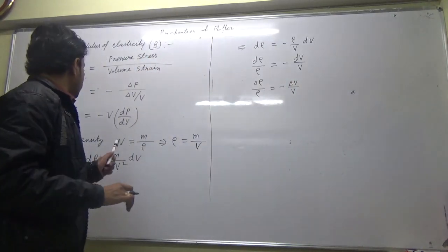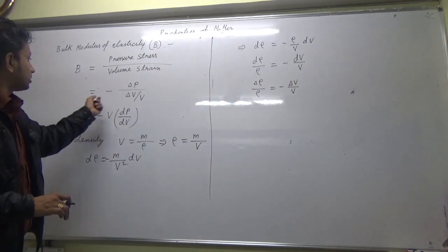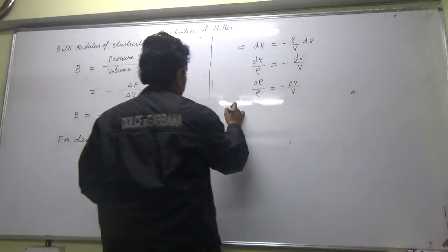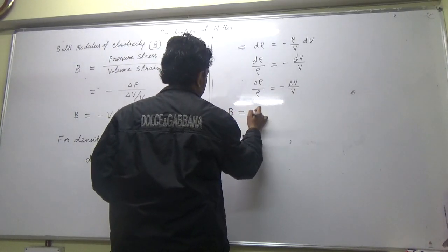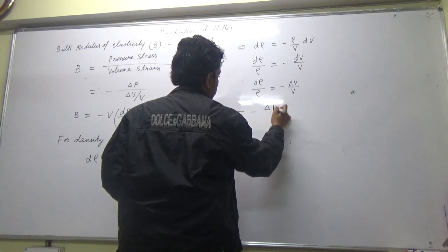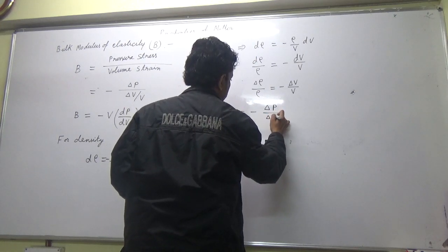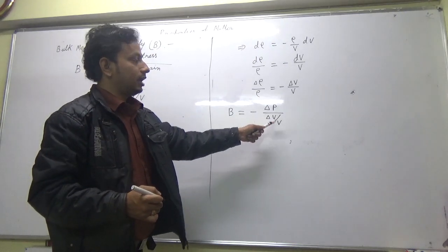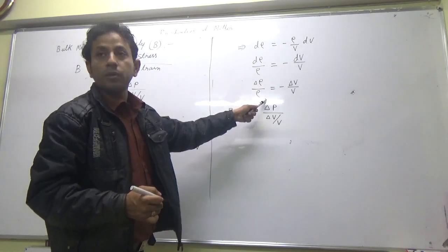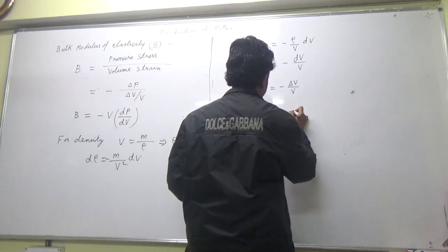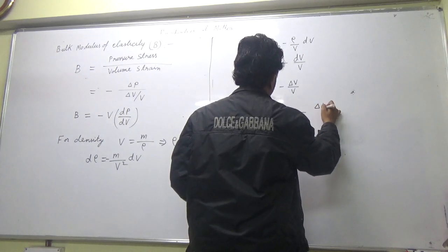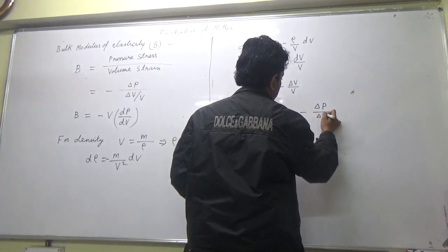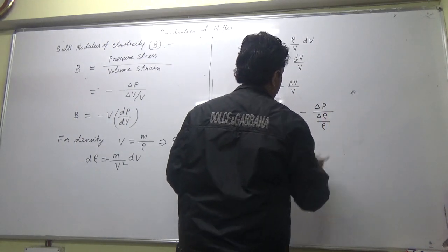Now if you relate this B with that thing, B is what? Minus V. So del V by V will be what? Del rho by rho. So we can write minus del rho by rho.